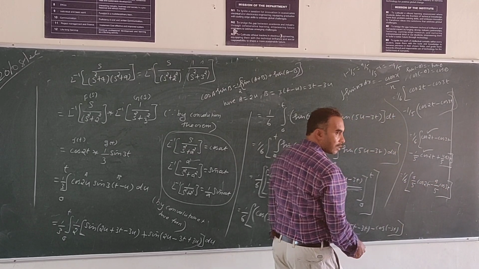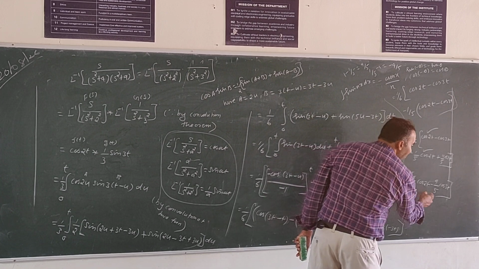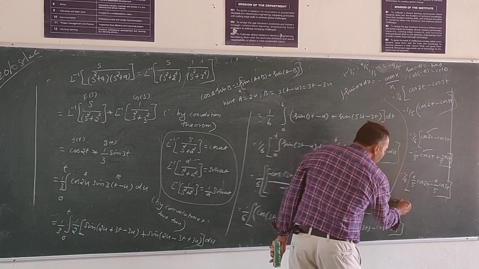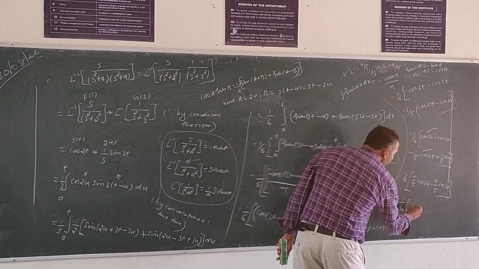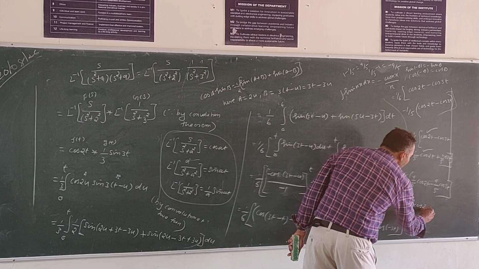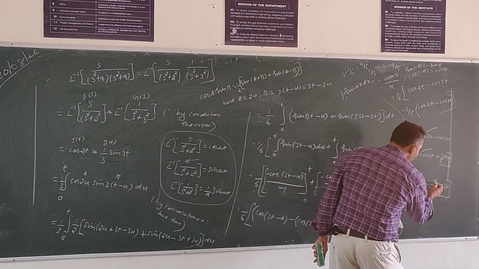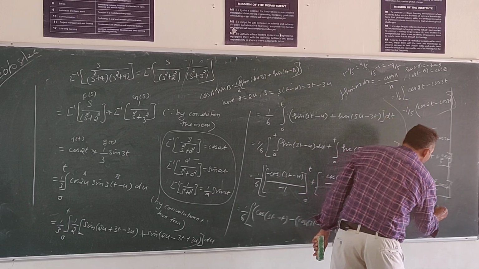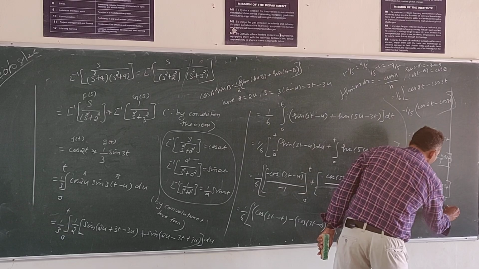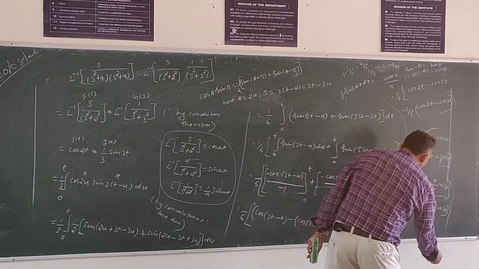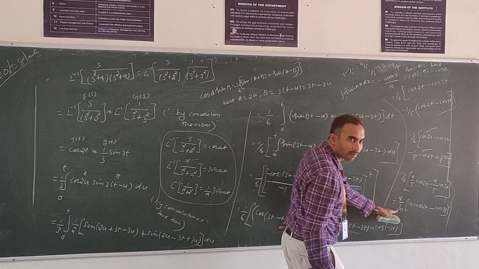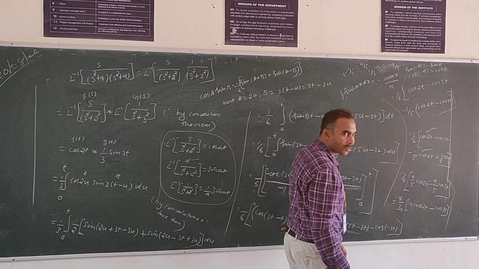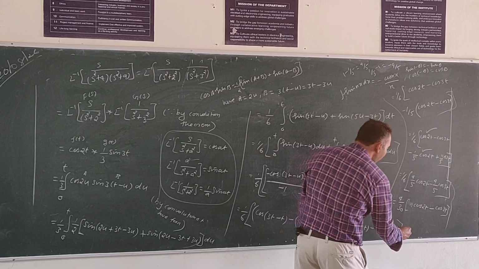What about the common term? 1/5, take it outside. Already 1/6 is there, so 1/30. 4 cos 2t minus cos 3t. We can take 4 commonly outside: 4/30 times (cos 2t minus cos 3t). So we can cancel, and we get 2/15.